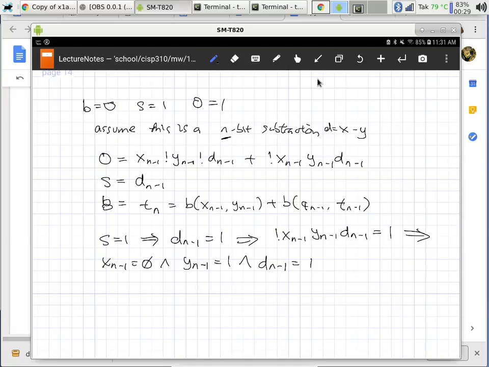So that guarantees the borrow flag has to be a 1. And that is why this combination is not possible. Because the fact that the sign is a 1, the sign of the difference being a 1, and the overflow flag is a 1, guarantees the borrow flag to be a 1. There's no escape from that outcome.